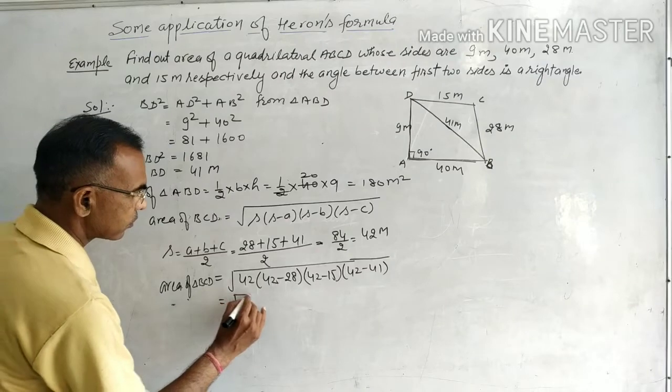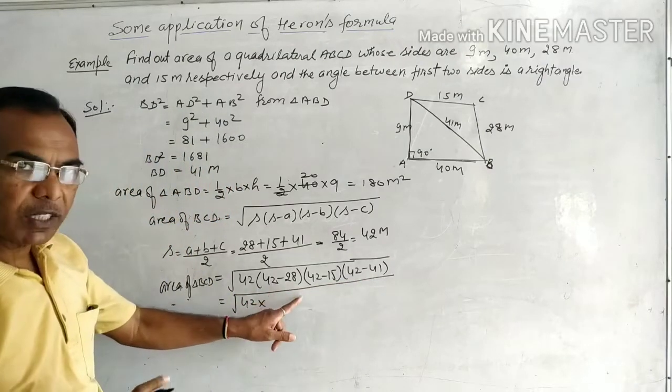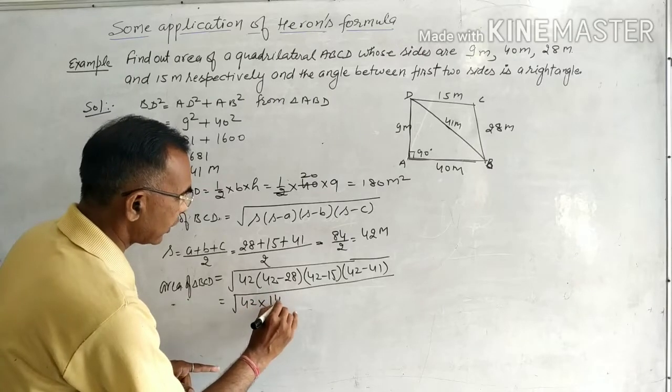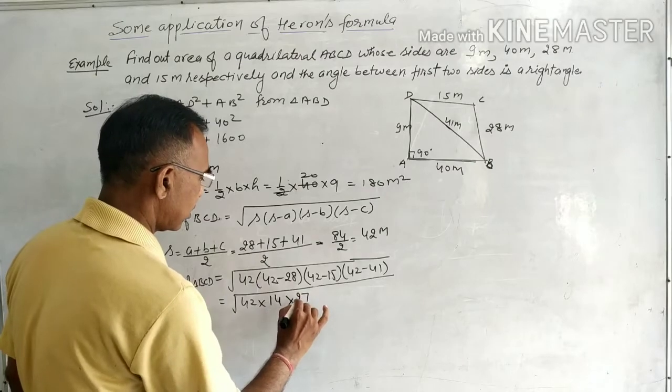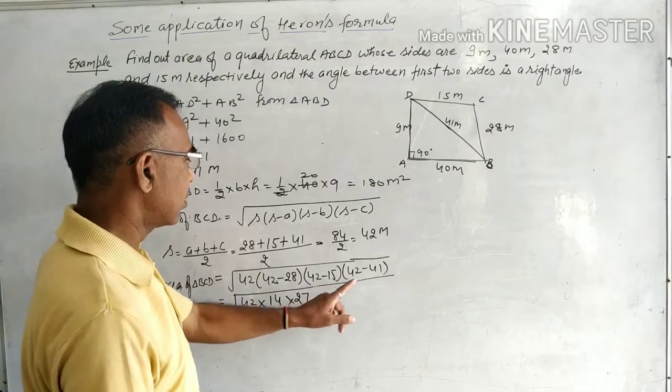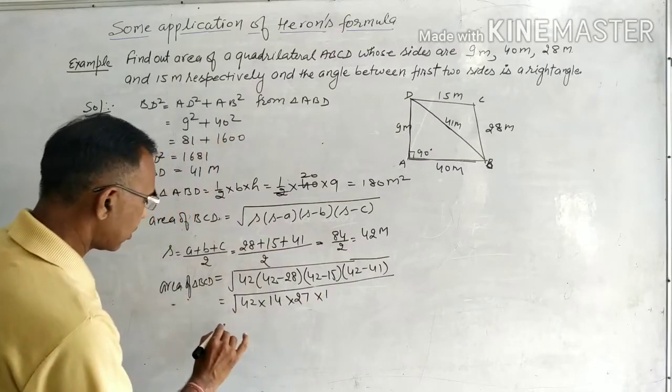Next step: 42 minus 28 is 14. 42 minus 15 is 27. 42 minus 41 is 1.